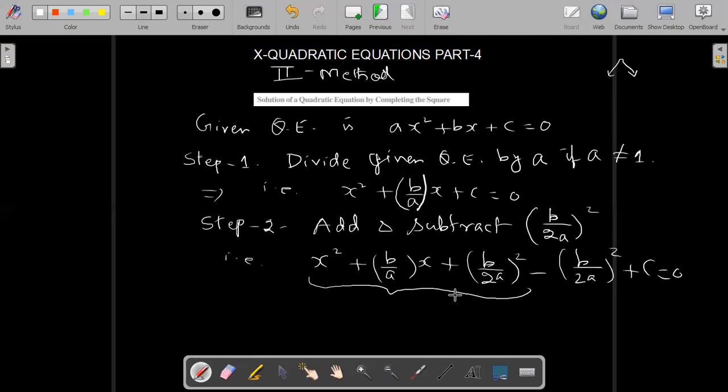You can see this will be x plus b upon 2a whole square.